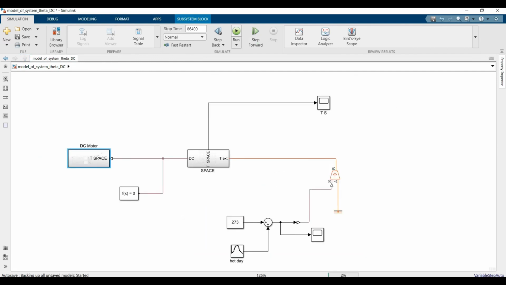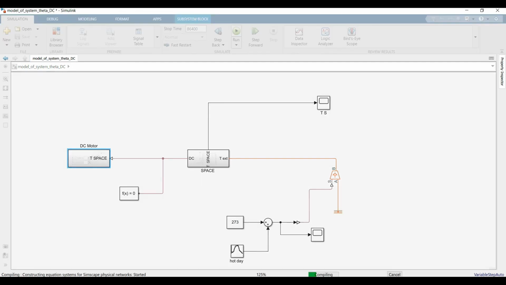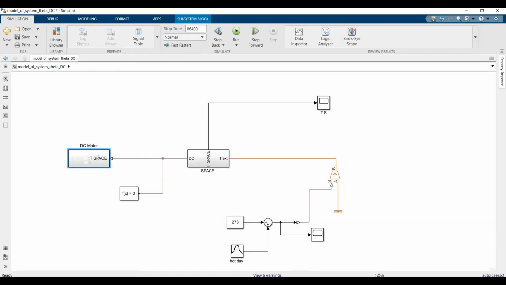So we run. Now I want to see the temperature variation.